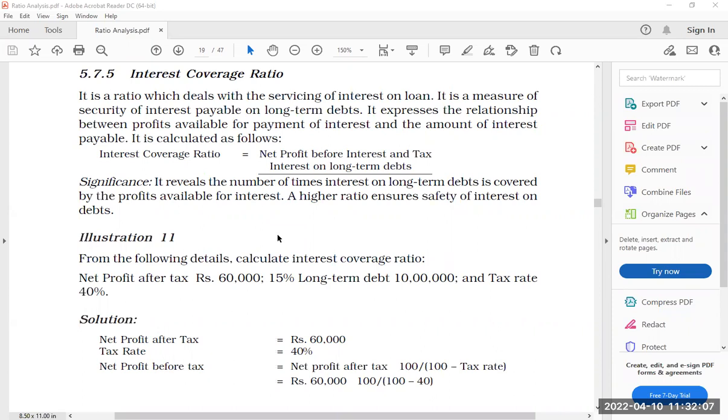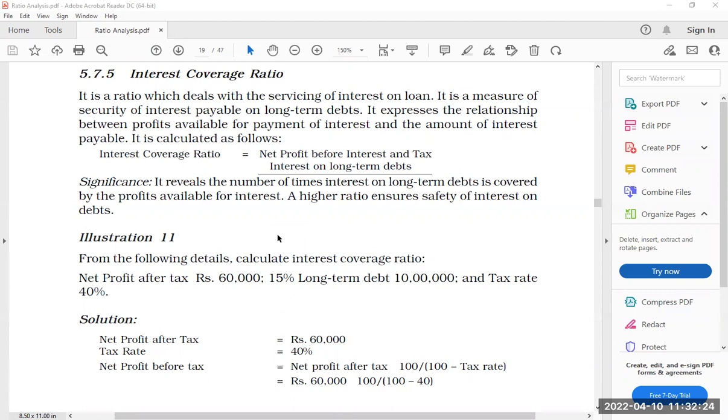If you are not in a position to do that, then your company is slowly going to become insolvent. So that is being analyzed here. Interest coverage ratio is equal to net profit before interest and tax, divided by interest. Where can you find this net profit before interest and tax?